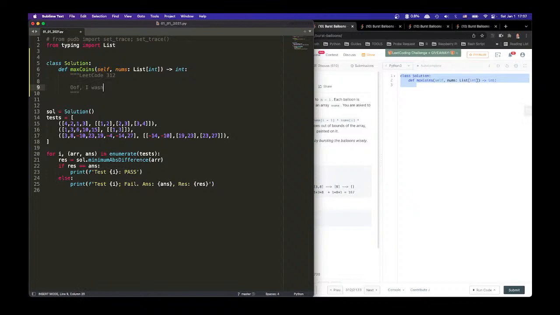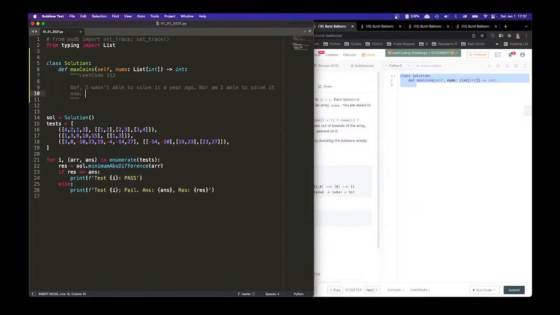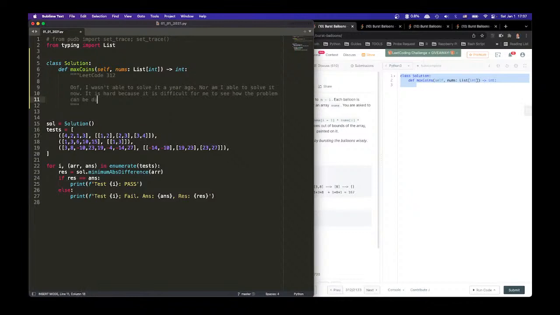I wasn't able to solve it a year ago, nor am I able to solve it now. This problem is hard because it is difficult for me to see how the problem can be divided into subproblems.